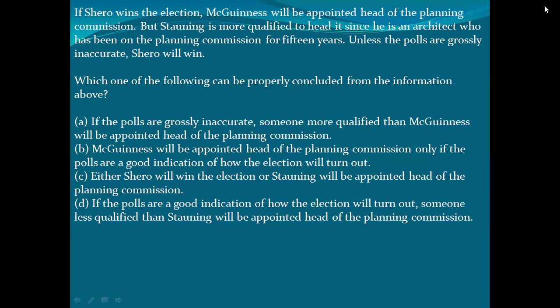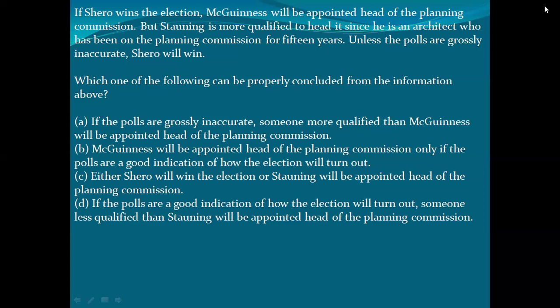Listen. The end of the para is saying what? Unless the polls are grossly inaccurate, Shero will win, right? So the clear implication is that Shero is going to win. So the point is either Shero will win the election or Stoning will be appointed head of the Planning Commission.